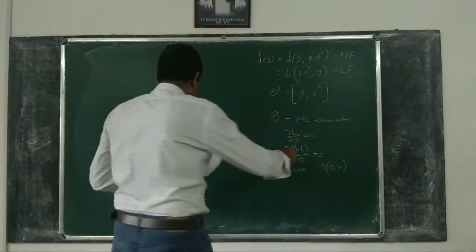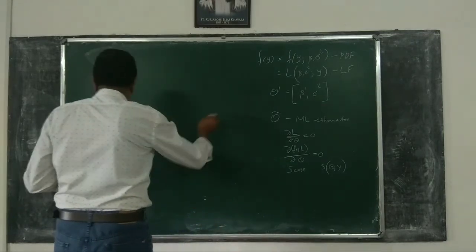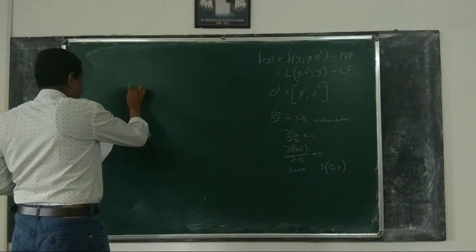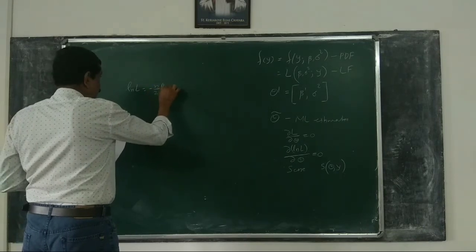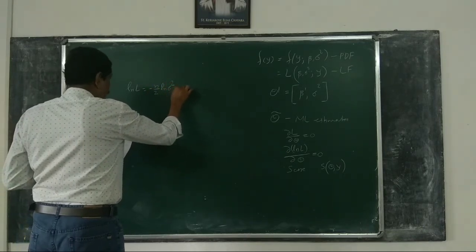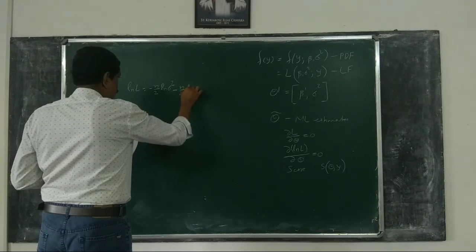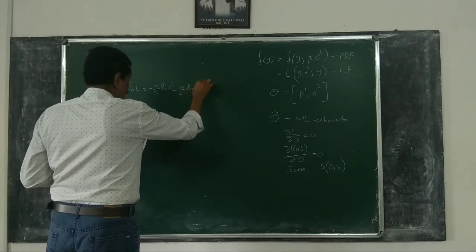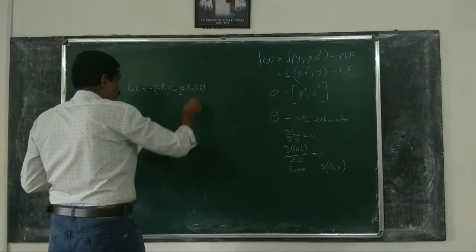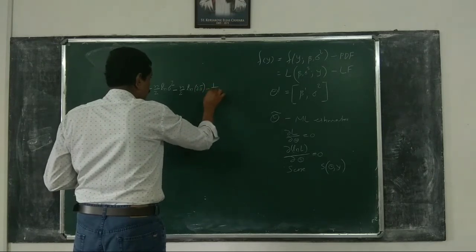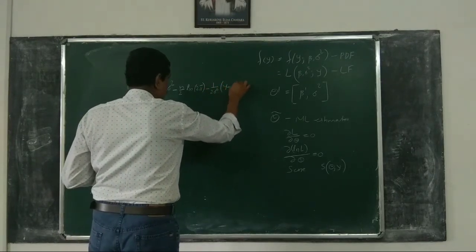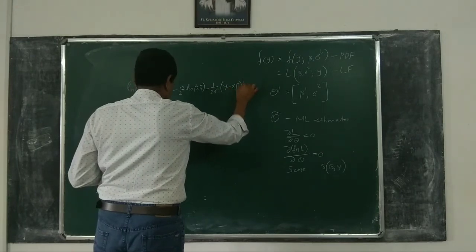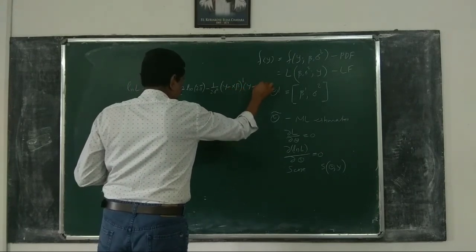Now we write the log likelihood function ln L as equal to minus n by 2 ln sigma square, minus n by 2 ln 2 pi, minus 1 by 2 sigma square (y minus x beta) transpose (y minus x beta).